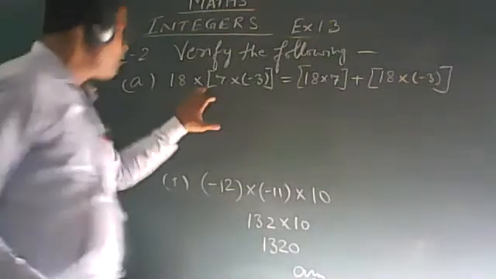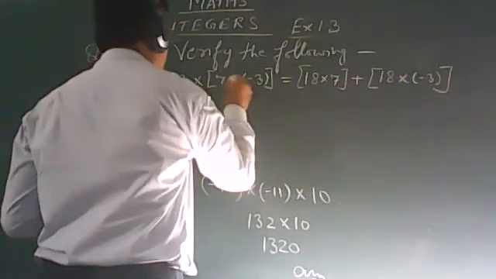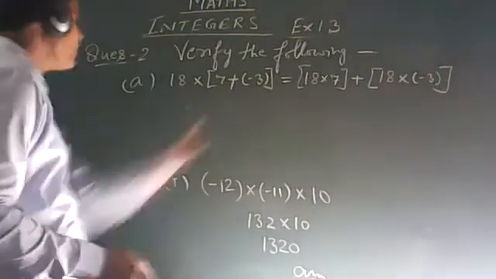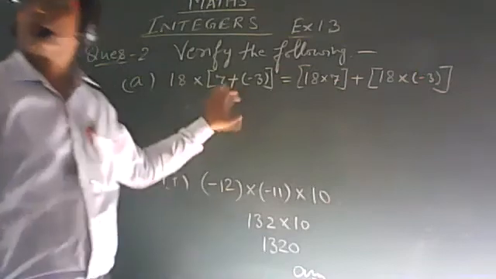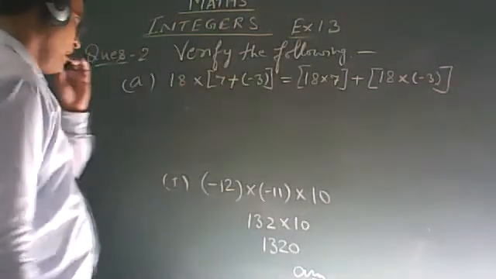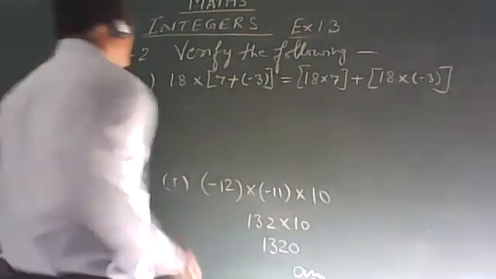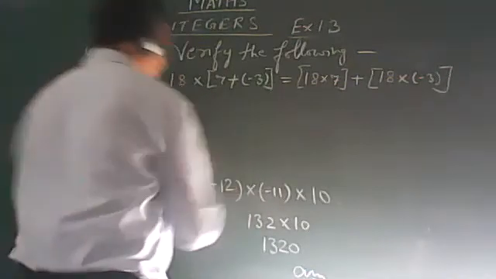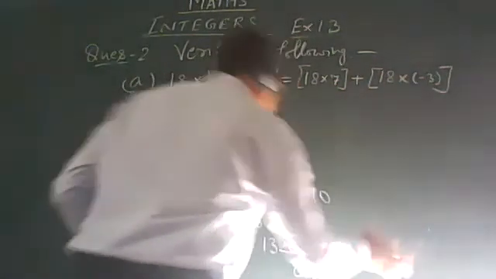This question shows 18, here is plus, here is plus. So it is multiplication over addition, and this shows the distributive property. This question shows the distributive property, multiplication over addition. So first we solve the left hand side, and the right hand side also.